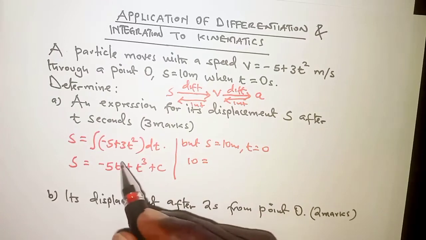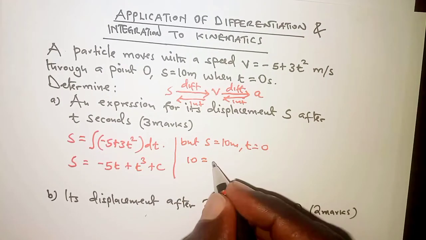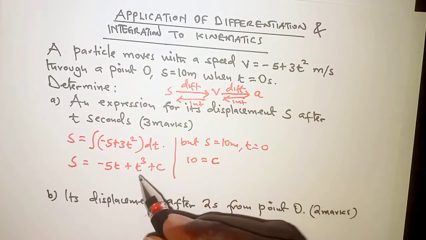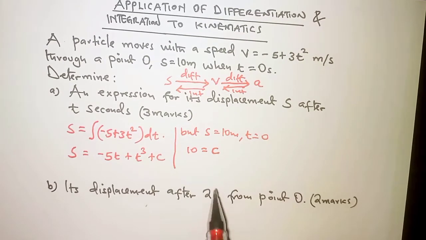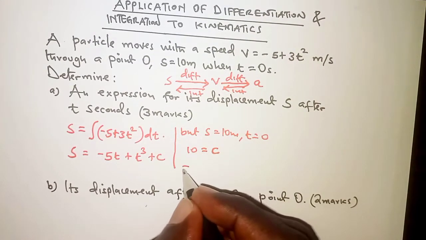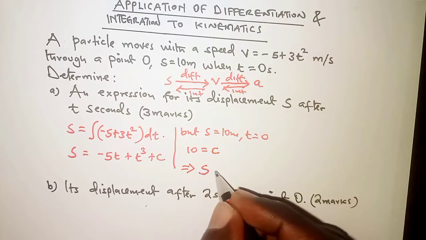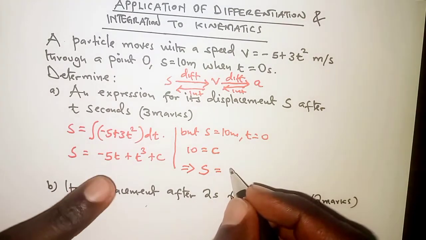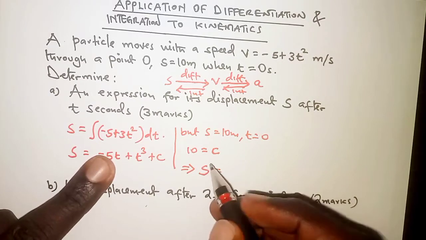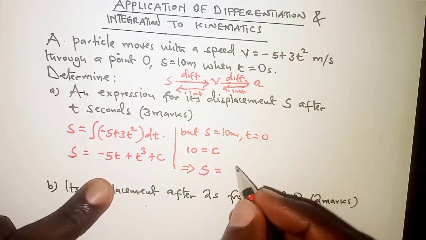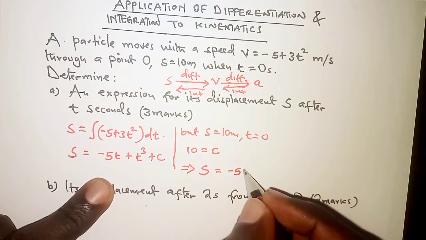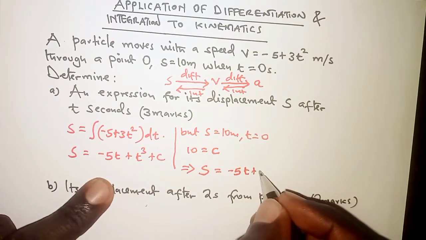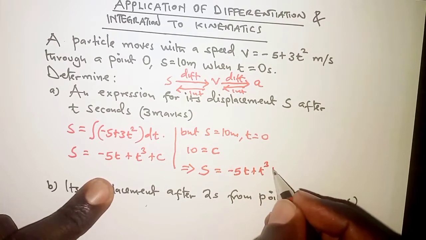Because t is 0, these terms will disappear, and therefore c is 10. And if c is 10, then the displacement s becomes -5t plus t cubed plus 10.